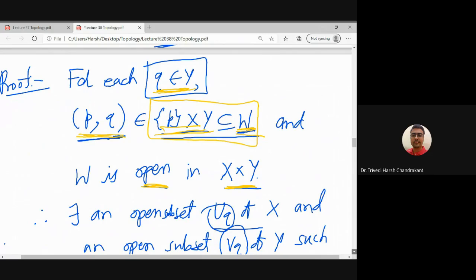So now (p, q) is an element of W and W is an open set in X cross Y. Now we can use the definition of an open subset of the topology generated by a basis.